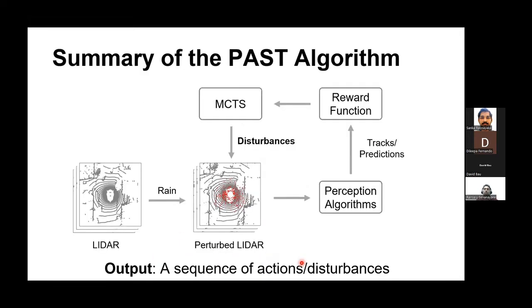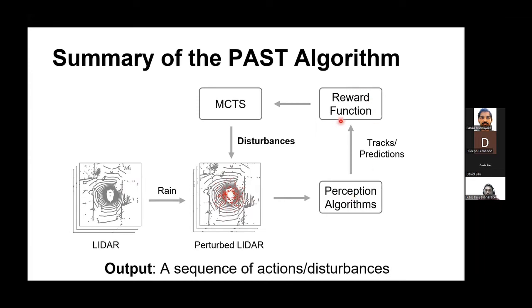If I show this more pictorially, you have your LiDAR point cloud here, and say it rains, so that some of your points get disturbed or perturbed. These perturbed points are shown in red. Now you send this through your perception algorithm, say a tracking algorithm or trajectory prediction algorithm.